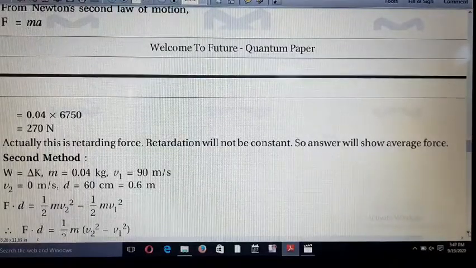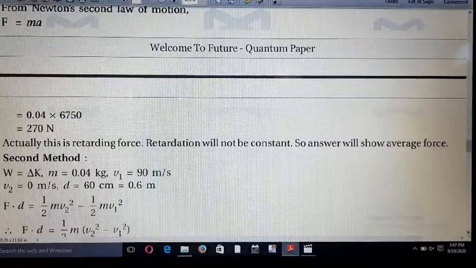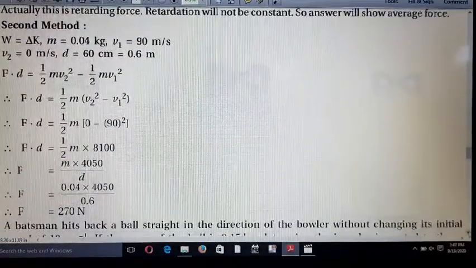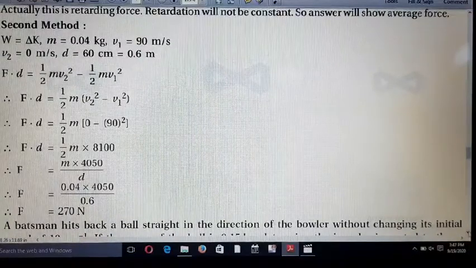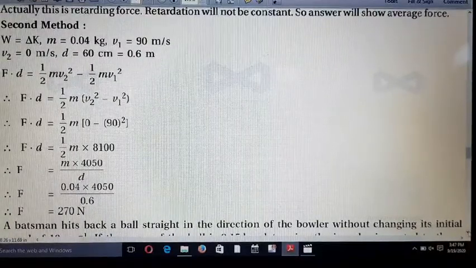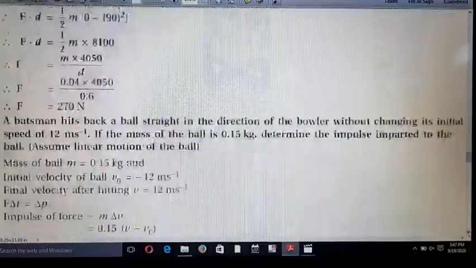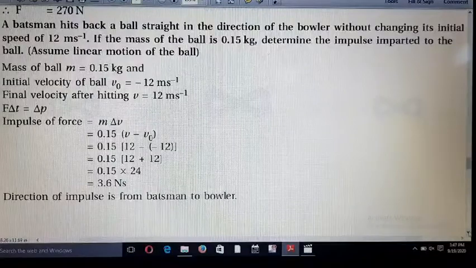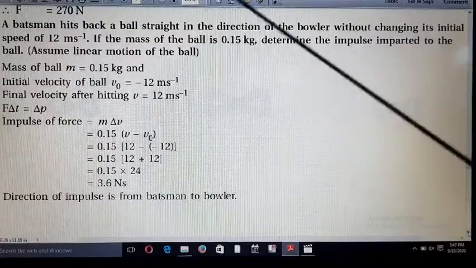Friends, now we have a second method also available. You can try this method and find the answer. We discuss our last illustration.